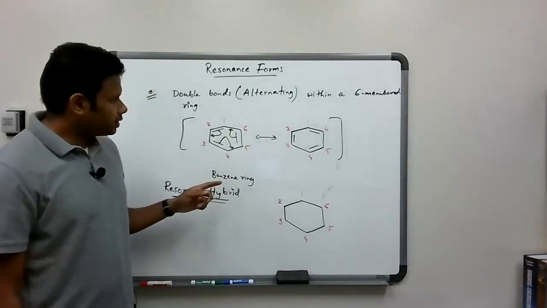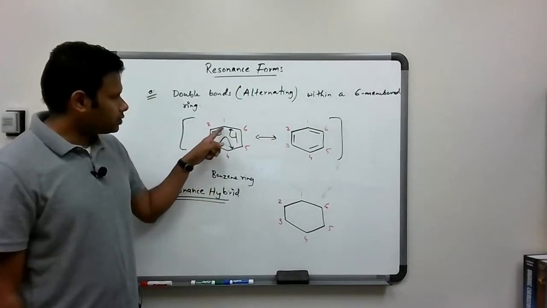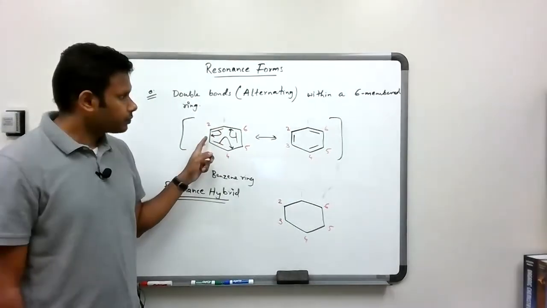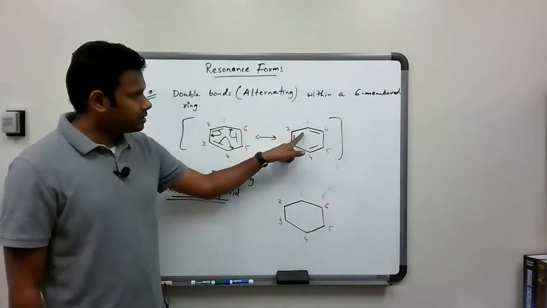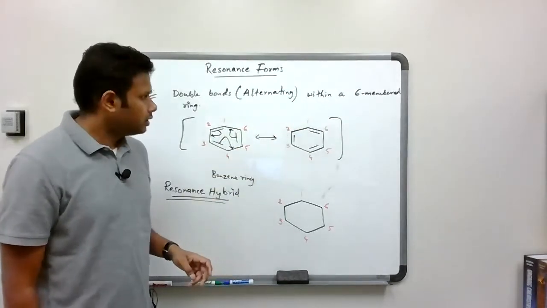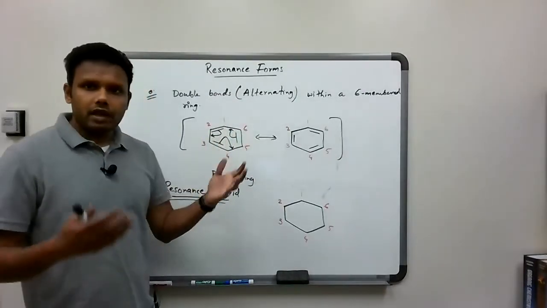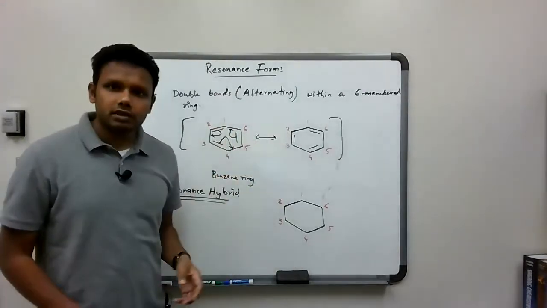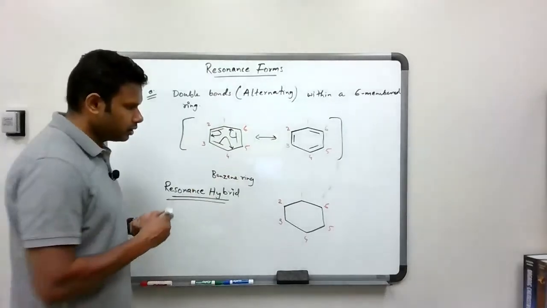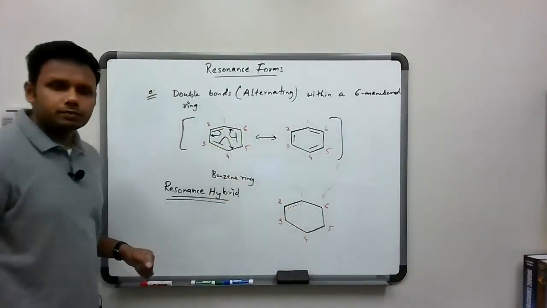What you would notice is there is a double bond between carbons 1 and 2 in structure 1, but only a single bond between carbons 1 and 2 in the second resonance form. To capture this, we say that the average of a double bond and a single bond is a 1.5 bond, so we put a dotted bond between 1 and 2.